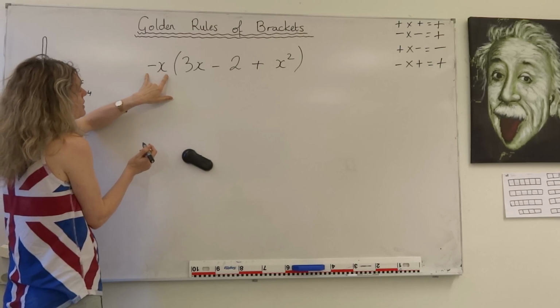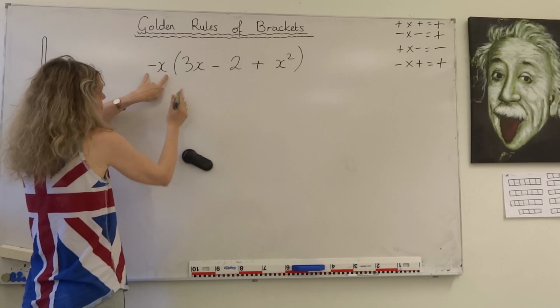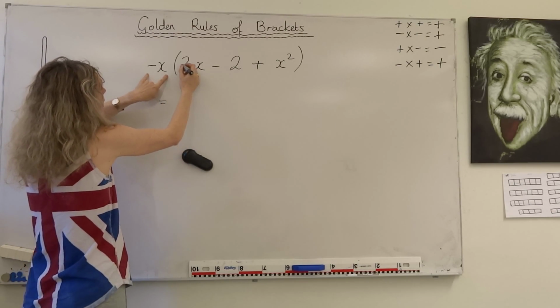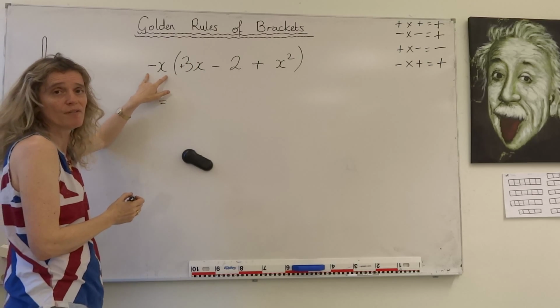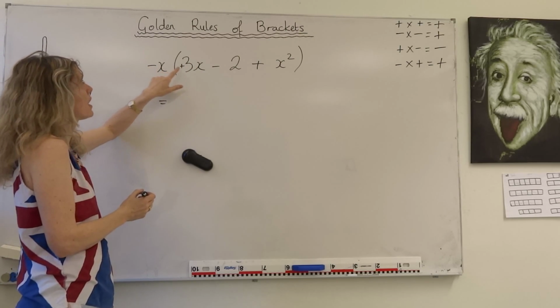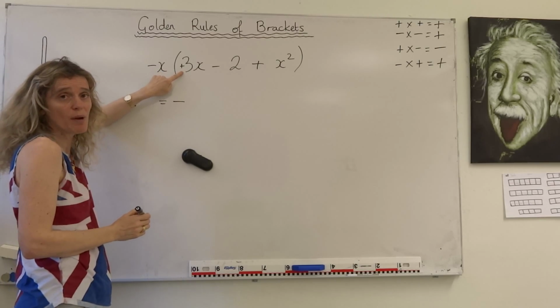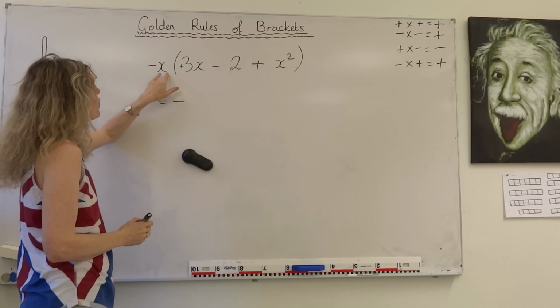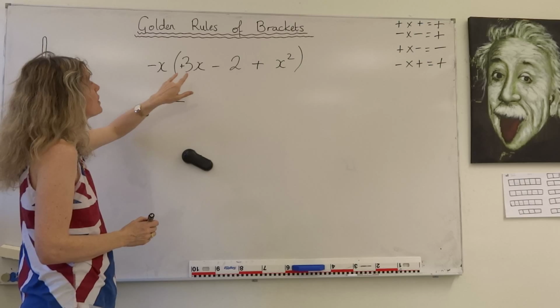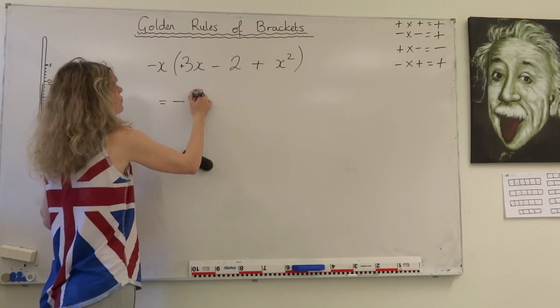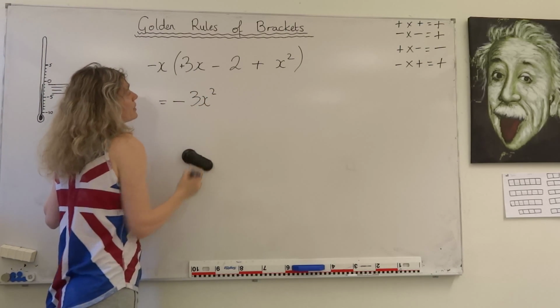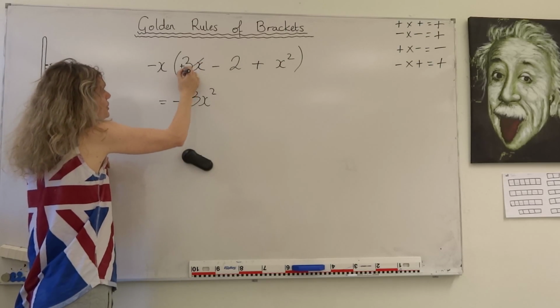So we take our minus x and we first multiply it by 3x. And in front of this 3 is also a little invisible plus sign. A minus times a plus is a minus, so I'd start with my sign. And then I'd think, what's x times 3x? Well, x times 3x is 3x squared. I've finished this term now.